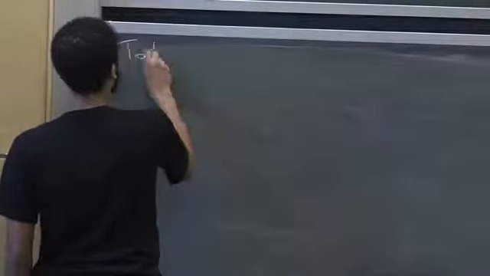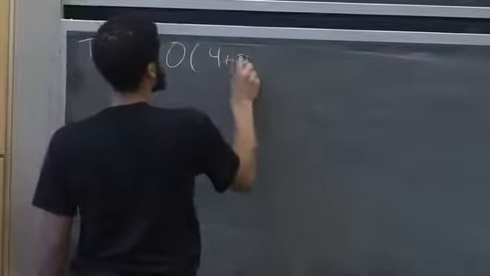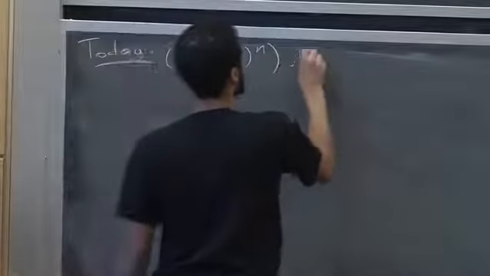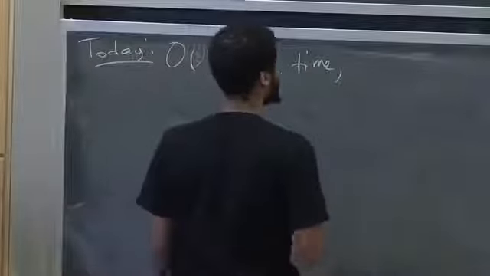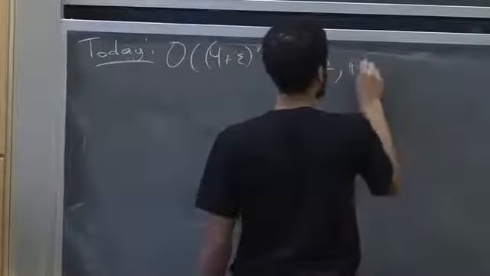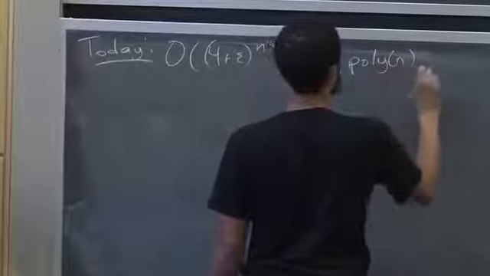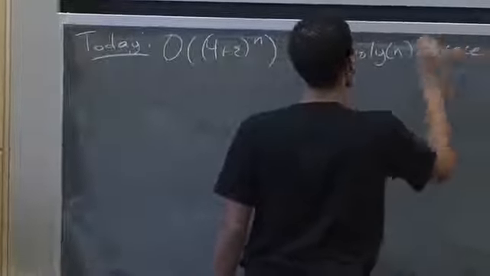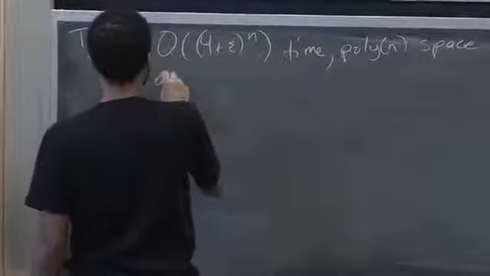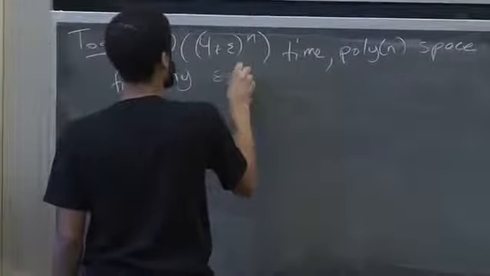So what are we going to do instead? We're going to get something like O of 4 plus epsilon to the n time and poly n space, for any epsilon bigger than 0.